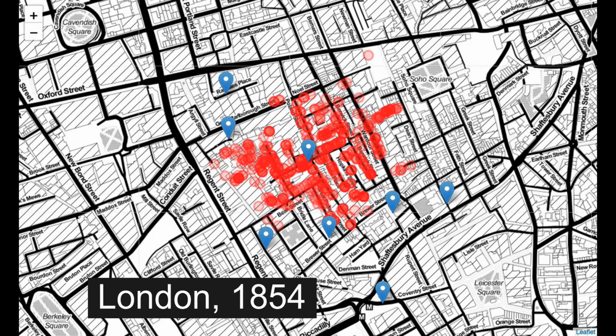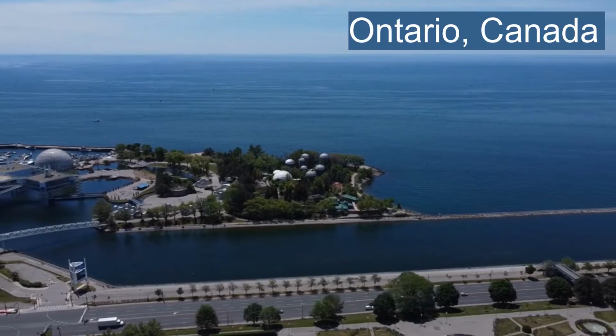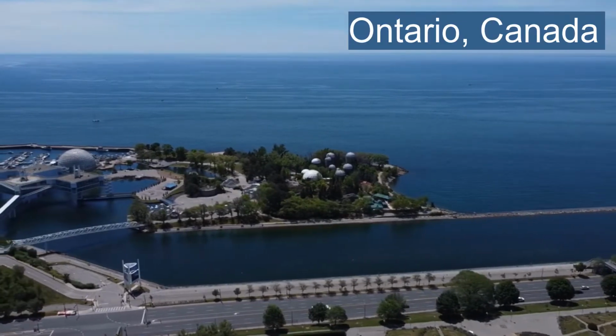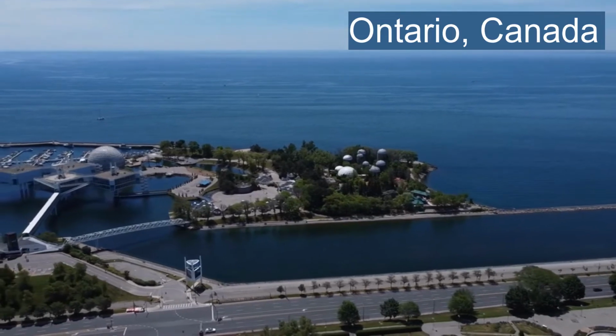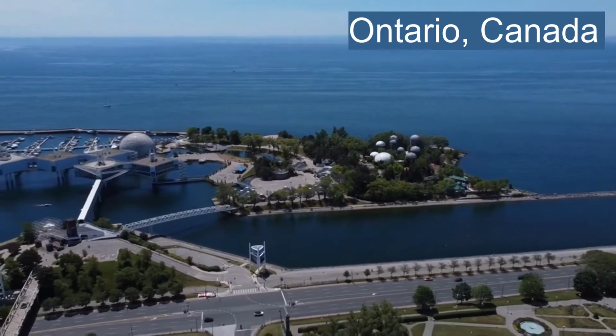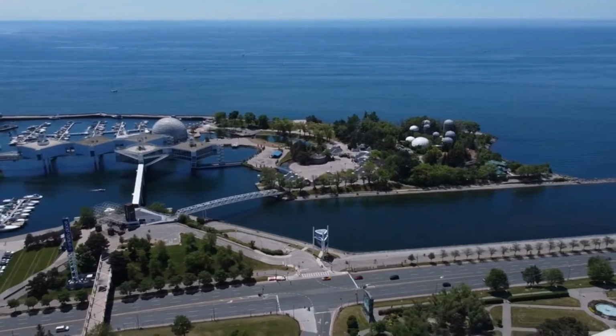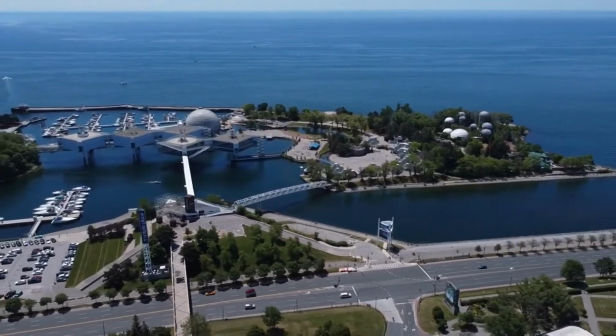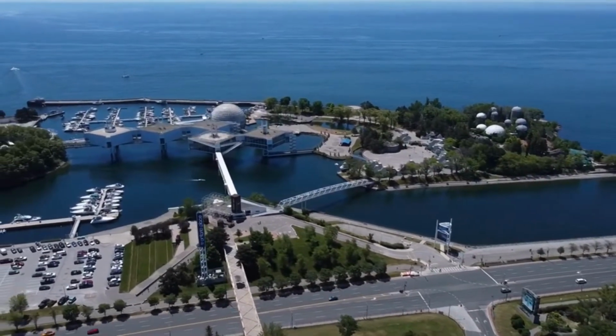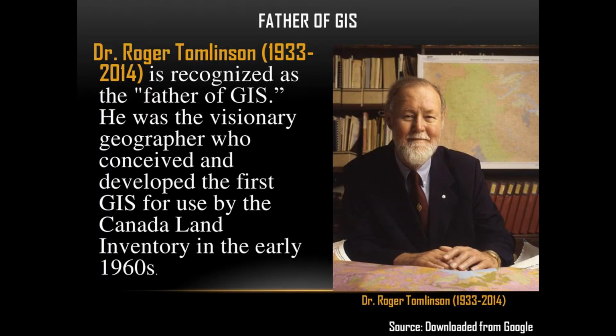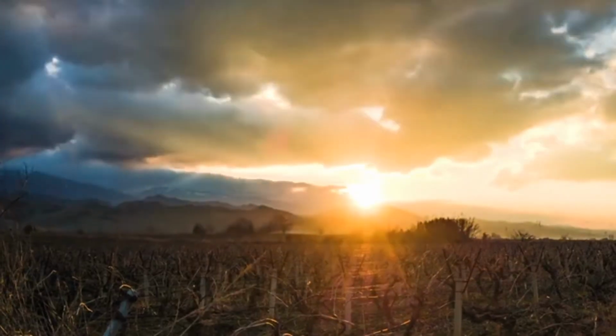However, in 1960, the world's first true operational GIS was developed in Ontario, Canada, by the Federal Department of Forestry and Rural Development. Developed by Dr. Roger Tomlinson, it was called the Canada Geographic Information System, or CGIS, and it was used to store, analyze, and manipulate data collected for the Canada Land Inventory.